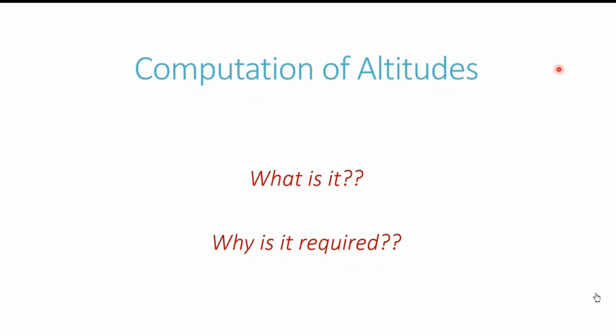Now, the advantage of computation of altitude was that if there is a cloudy situation and the body appears only for a few moments, let us say you were taking a star sight during evening twilight and the star which you wanted to pick up was behind the clouds, and the clouds opened up and you were able to see the star for some time, let us say for 1 minute, and then later on it was again covered by the clouds.